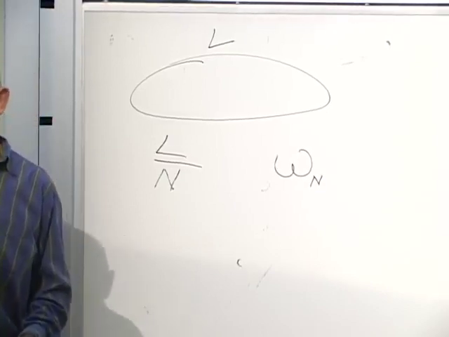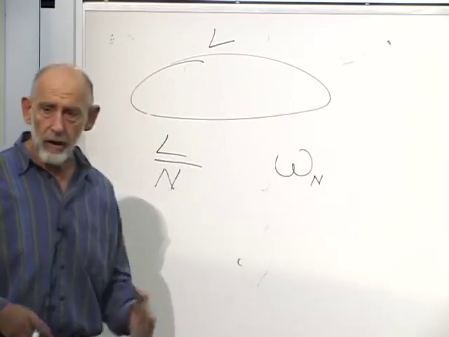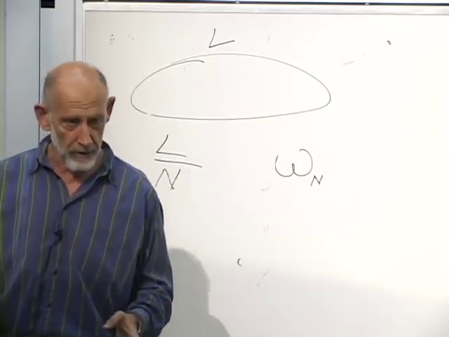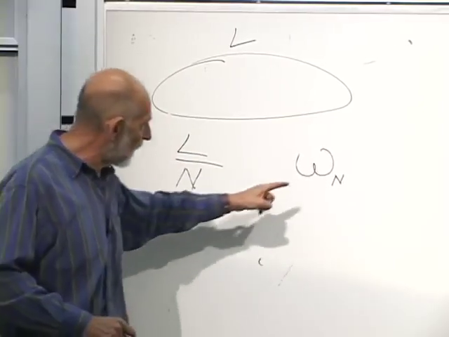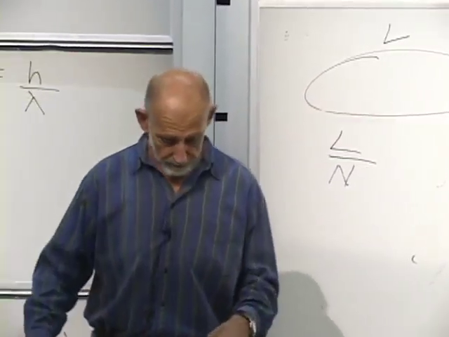Right? The waves moving on this system here are a collection of harmonic oscillators, one harmonic oscillator for each value of n, for each frequency of oscillation.